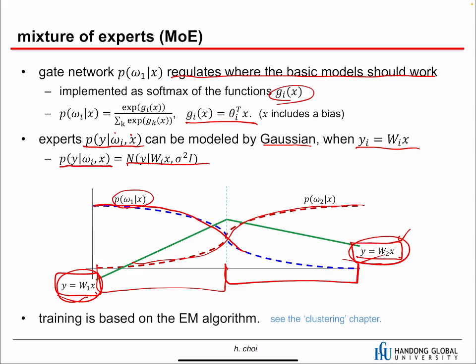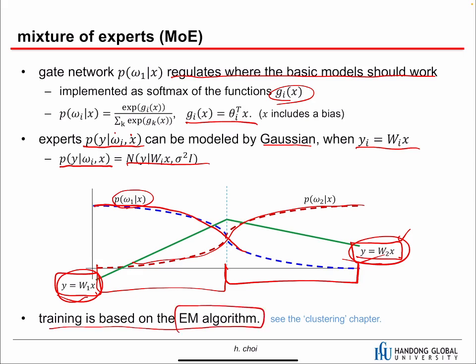So this one is slightly different from bagging or boosting, but still we have lots of models and these models are working together and they are combined to make a final decision. That's why I put this mix of experts in the Ensemble Learning chapter. The training is based on the EM algorithm.